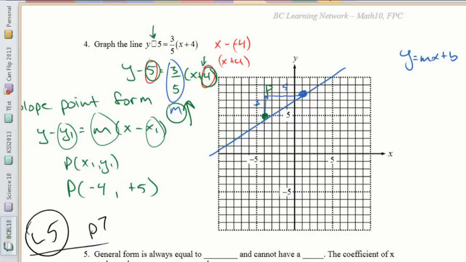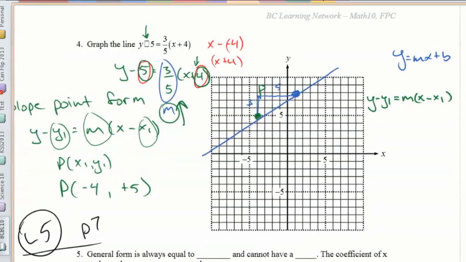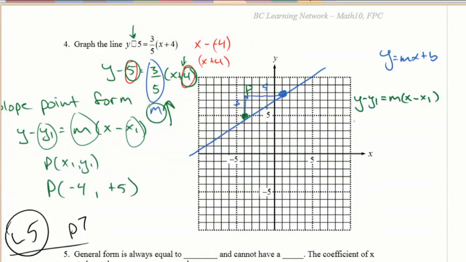And remember, when we find the point, you need to flip the signs. If it says x plus 4, because the general slope-point form looks like y minus y1 equals m times x minus x1, your equation needs to be in that same form. So if I get y minus something and m times x minus something, what is that something going to be?